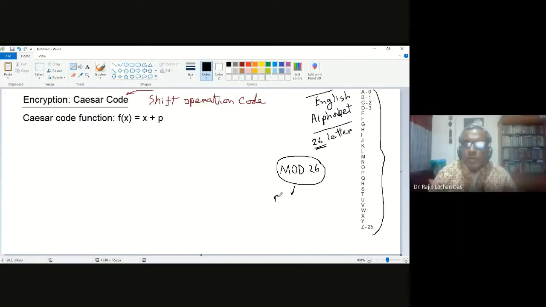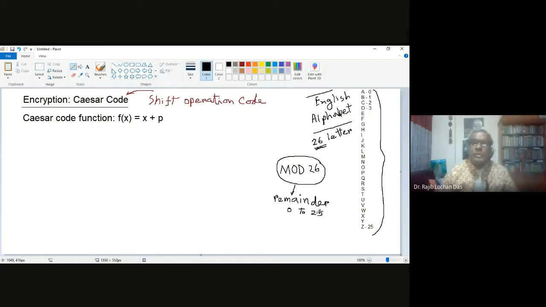So we call them remainders. What is remainder? In Bengali, it is the oboshisto. That means it is the result of the mod operation. If you use mod 26, the remainder can be 0 to 25. You understand my point?